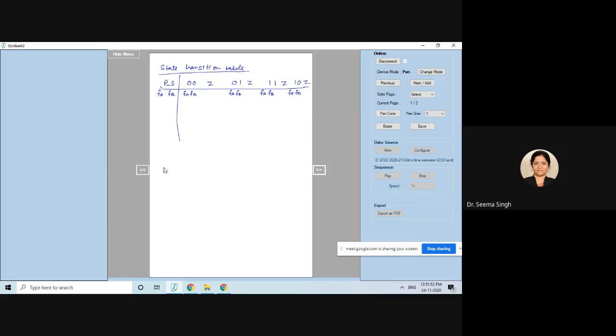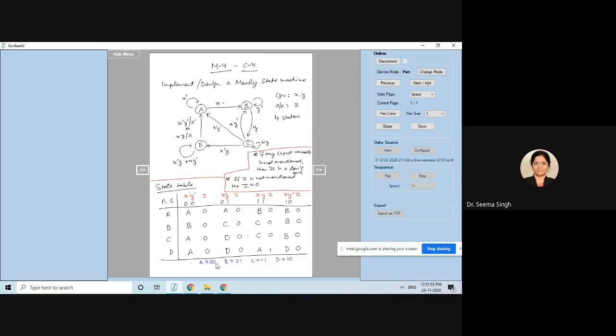I am changing these state variables to 0 0. So what will this 0 0 be? This 0 0 will be FA and FB now. It will be called FAFB, like this.